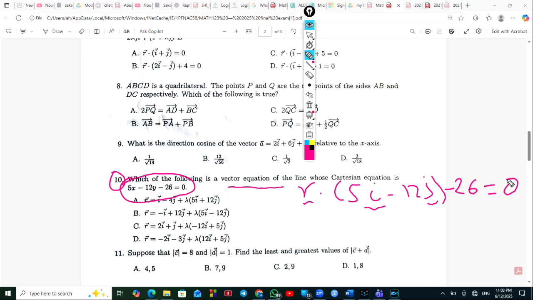Here we know that the normal form is r dot n equal to c, or r dot n plus c equal to 0.